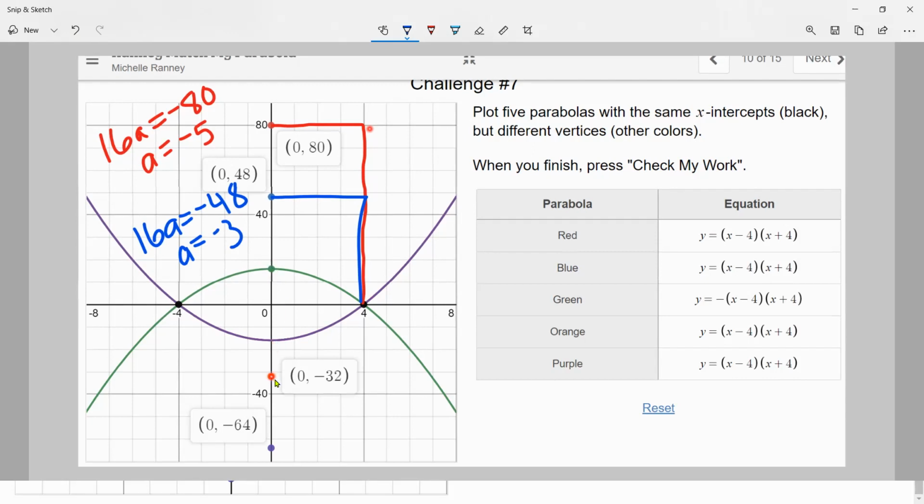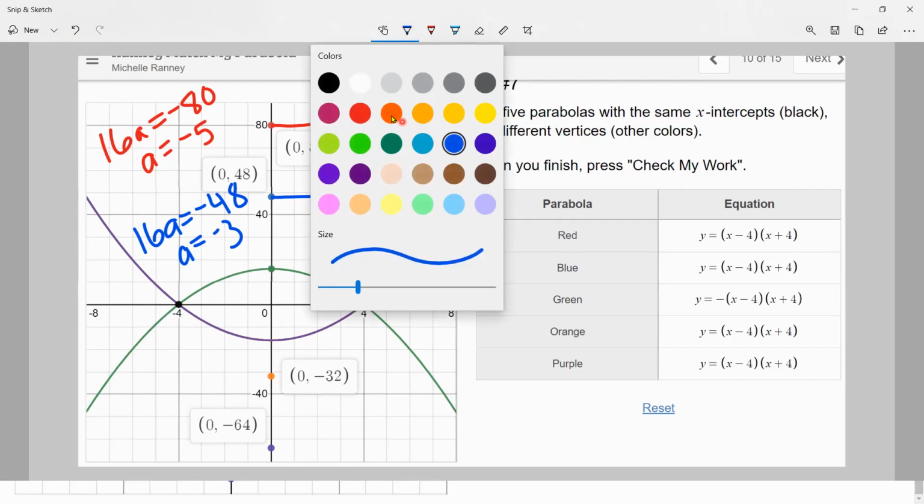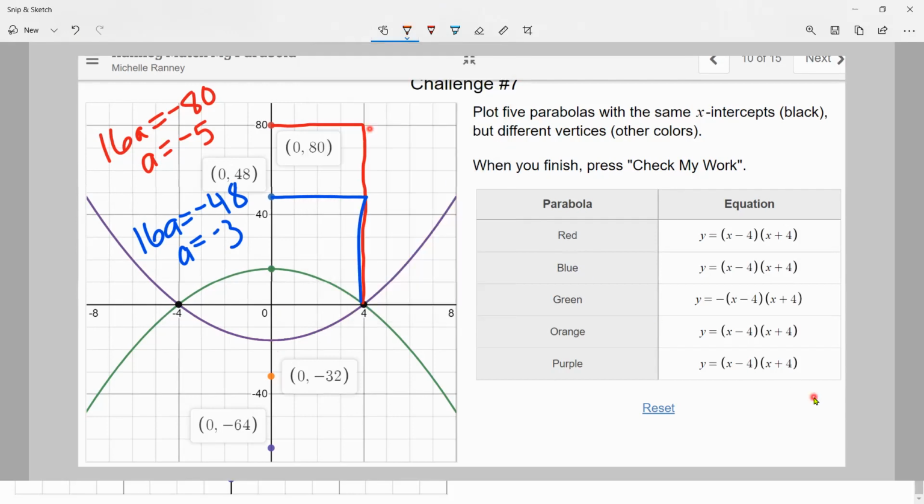For my orange one, if I go out 4 again, I should have gone up 16. I only went up 32.